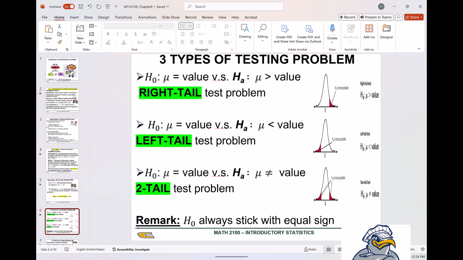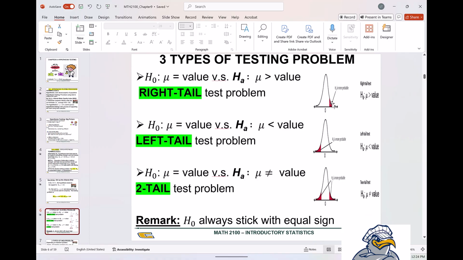And the reason we call it right tail is that for this testing problem, if you calculate the test statistic and it belongs to the right side here, it tells us that your H_A will be more probable.